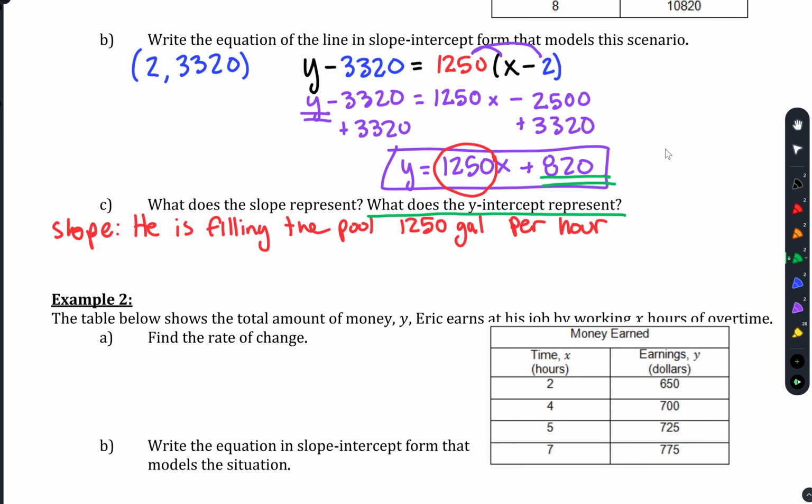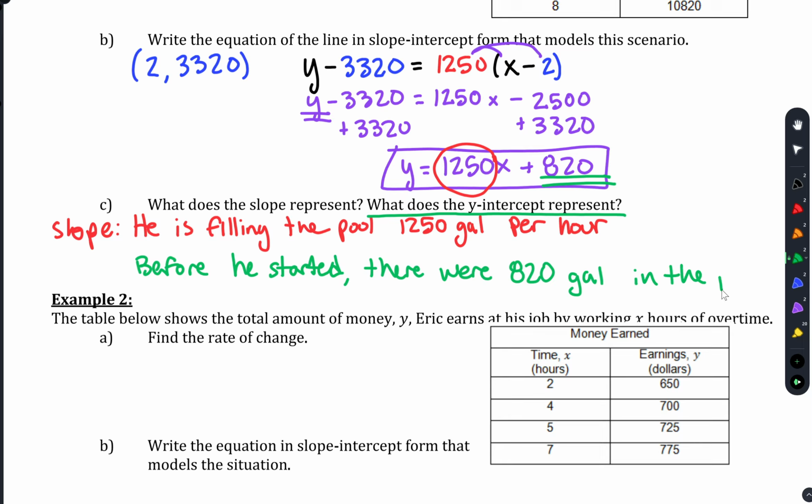So Johnny's dad filled up 820 gallons before Johnny started. Perfect. Questions on that?